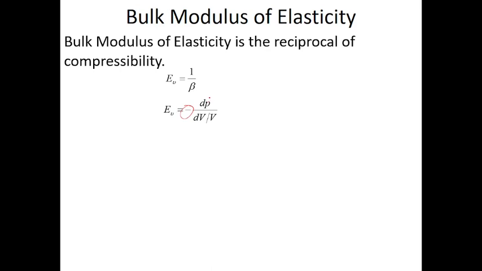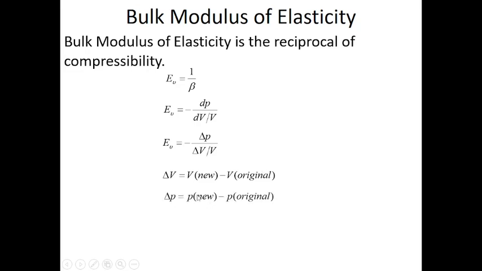Because a change in pressure can be positive or negative. If the change in pressure is positive, the change in volume is negative, and if the change in pressure is negative, the change in volume is positive. They have opposite signs, so we need the negative to make it positive. Or, if we are talking about a definite change, not an infinitesimal change, we have negative delta P all over delta V over V. Again, delta V is the new volume minus the original volume, and delta P is the new pressure minus the original pressure.